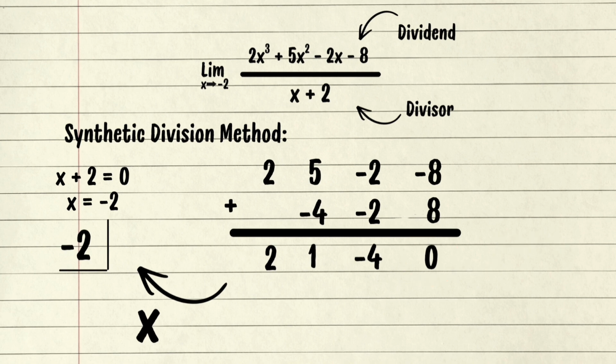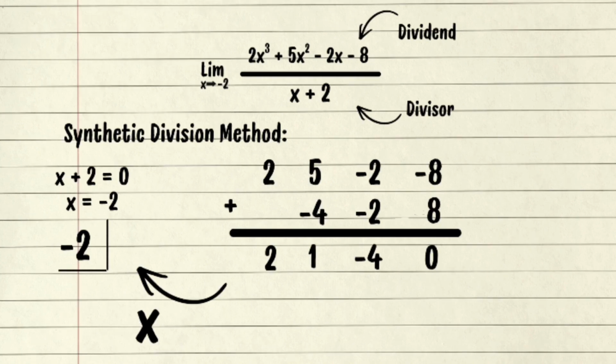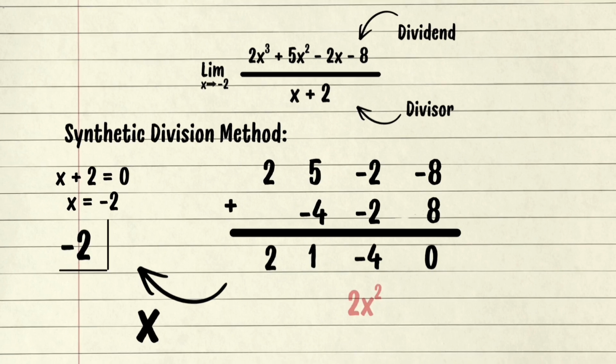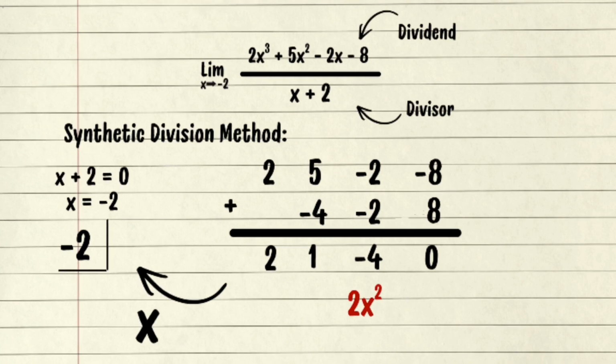For the next step, we will be using the divided terms in expressing the final answer. But to do this, the degree of the first polynomial, 2x cubed plus 5x squared minus 2x minus 8, would be decreased or lowered. So 2 will be 2x squared since the first term in our first polynomial is 2x cubed.